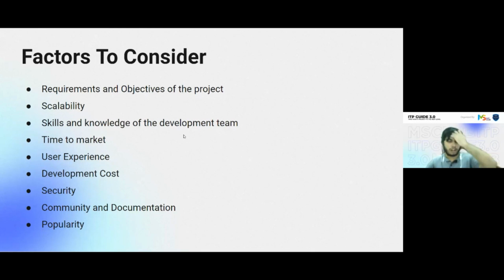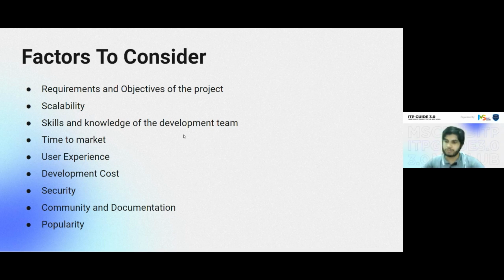So you have to consider the performance and user experience that you are going to deliver through your web application when selecting a framework. And then you have development cost.